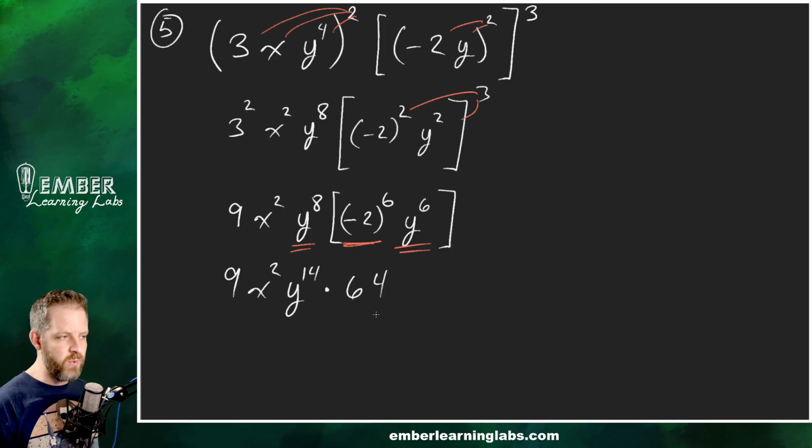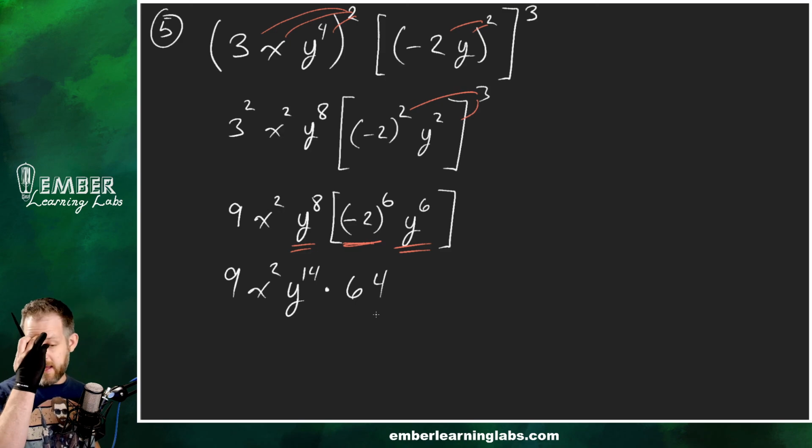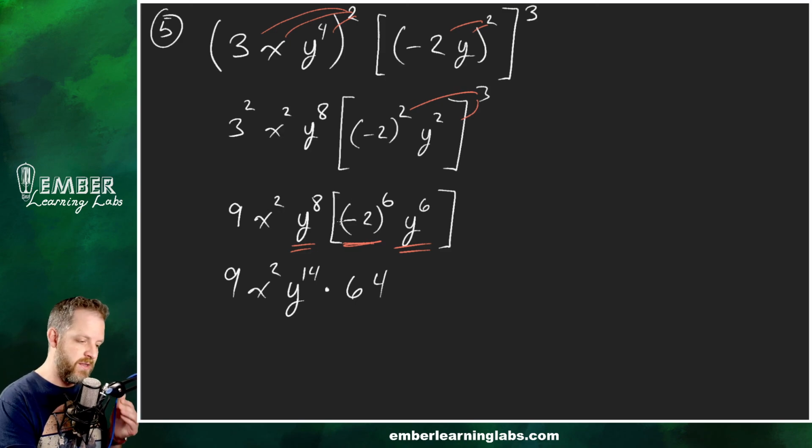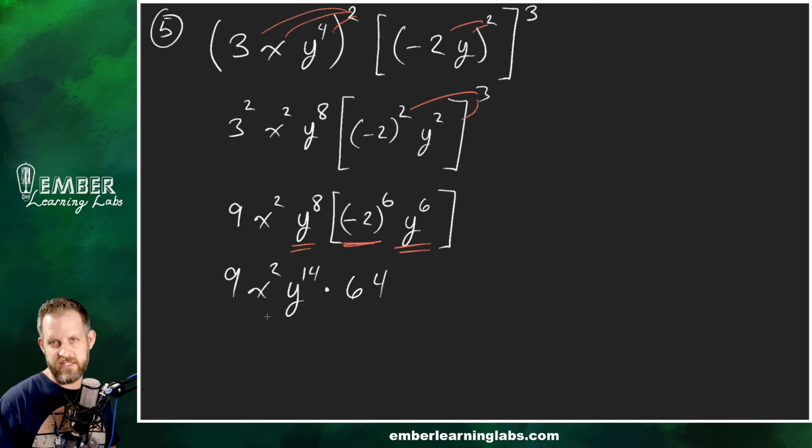If you put, by the way, just a side note, if you put negative 2 to the 6th in the calculator for it to do that math for you, make sure that you put the negative 2 in parentheses, or else it'll spit out negative 64, because it won't know that you're wanting to raise the negative as well as the 2 to the power.